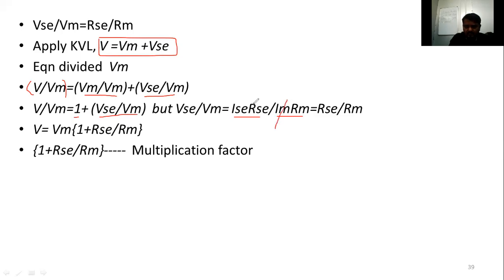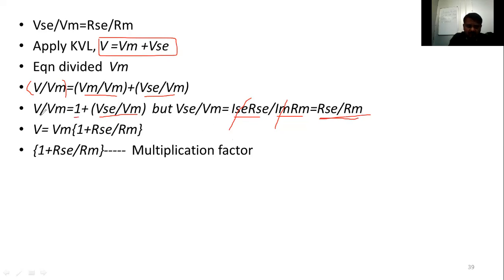So I can cancel this current and this current. So the left term is RSC by Rm. Yes or no? So in place of VSC by Vm, we can write RSC by Rm here. V by Vm, I'll keep as it is, 1 plus RSC by Rm we can write here.